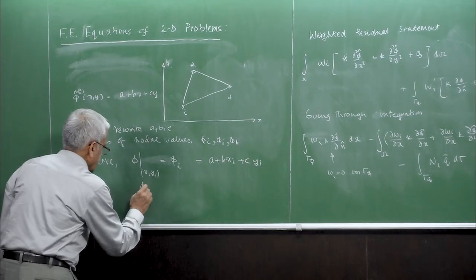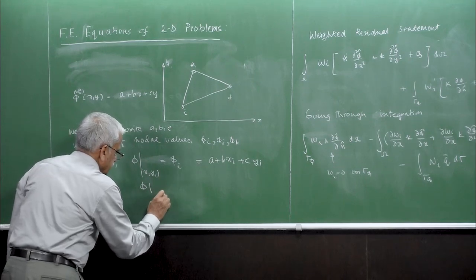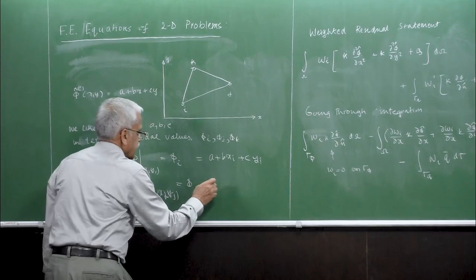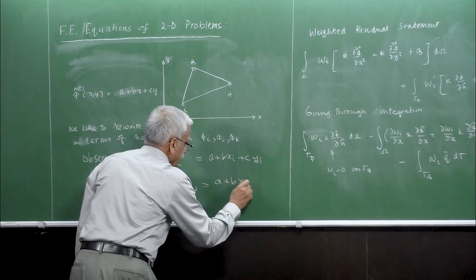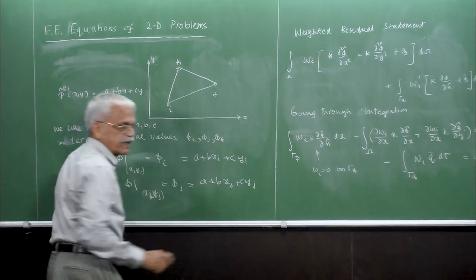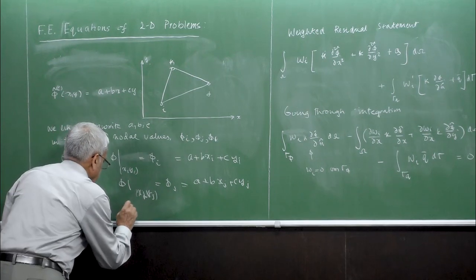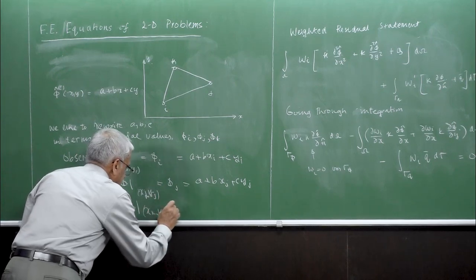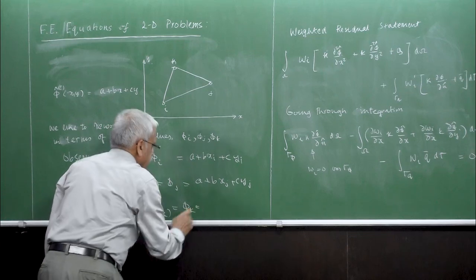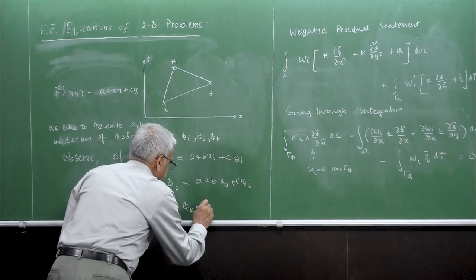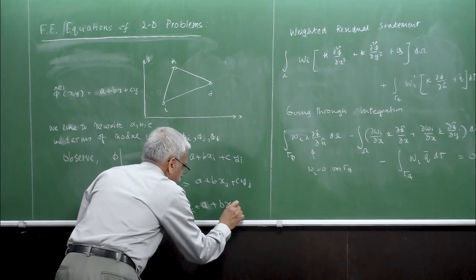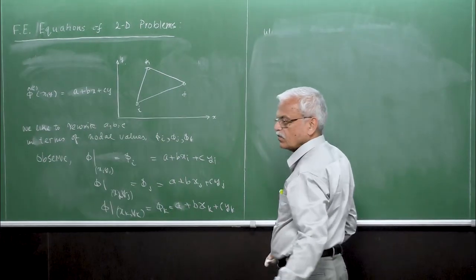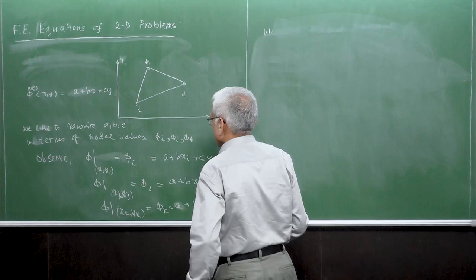Similarly, phi at xj, yj, we call phi j, and this is a plus b xj plus c yj, right? Similarly, we have phi at xk, yk, which we call phi k, is nothing but a plus b xk plus c yk, right?